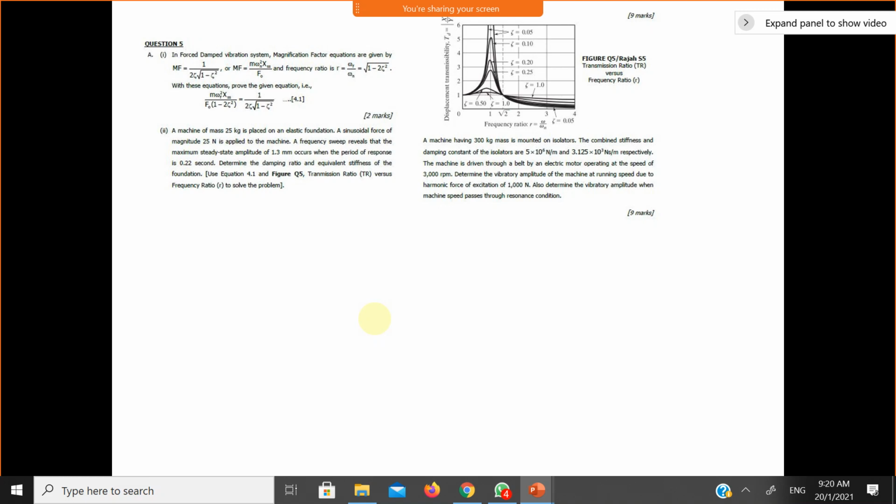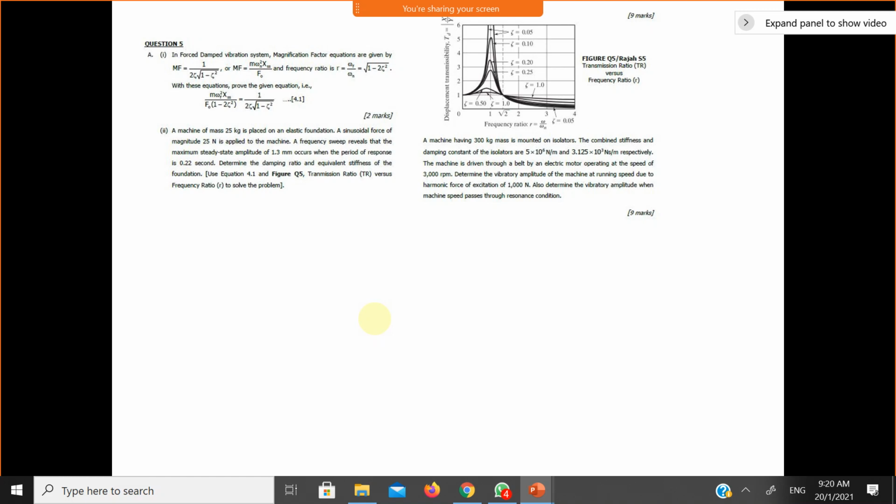A frequency sweep reveals that the maximum steady-state amplitude of 1.3 millimeter occurs when the period of response is 0.22 second. Determine the damping ratio and equivalent stiffness of the foundation. Use equation 4.1 and figure question 5, transmission ratio TR versus frequency ratio to solve the problem. Alright.